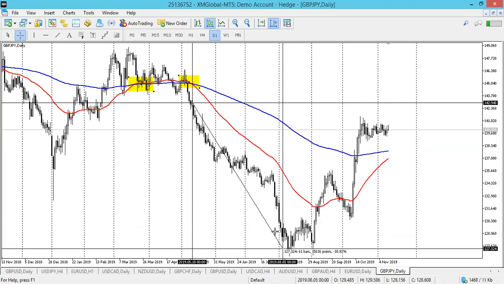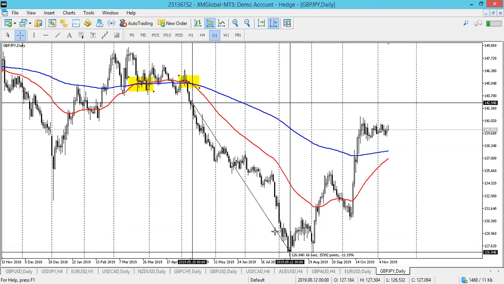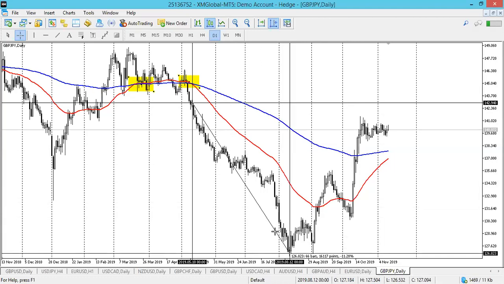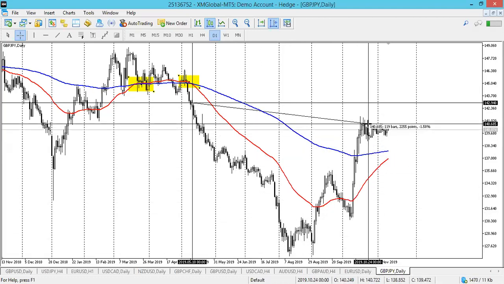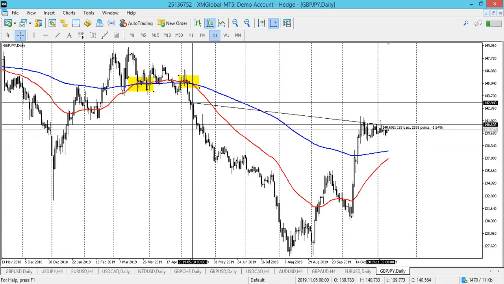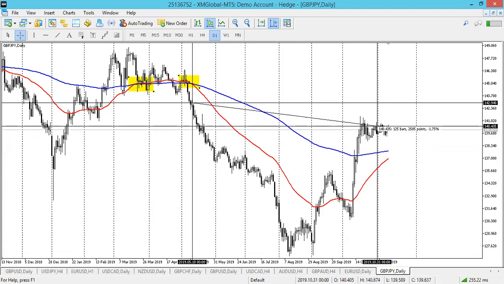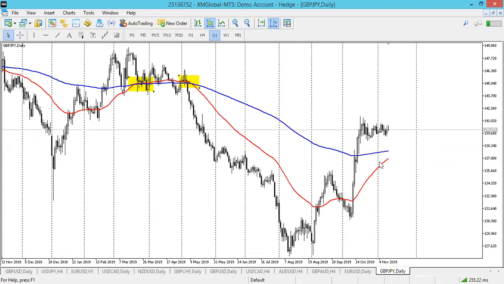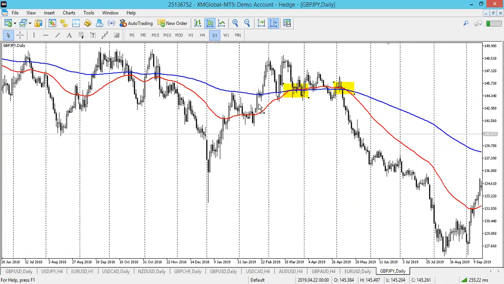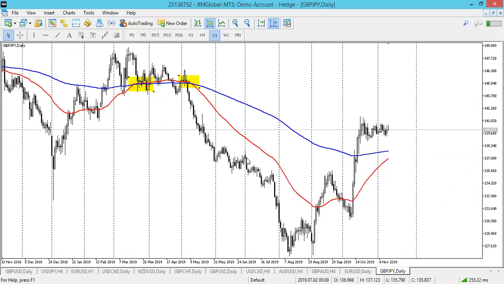That's great, that's a potential 1,600 pip trade. Pero kung mapapansin nyo, lumipad na ulit yung market pataas. So it's kind of consolidating right now and you're just down to 250 pips na kinikita nyo. And if you take a look at your moving average, it hasn't crossed yet. So iyan yung isa sa mga weaknesses nung moving averages.